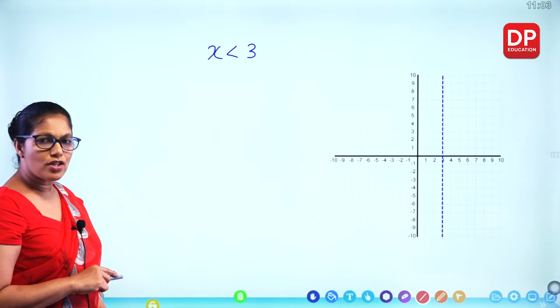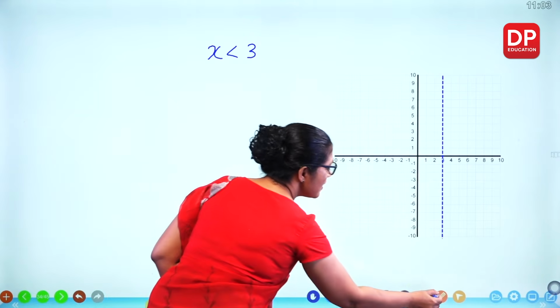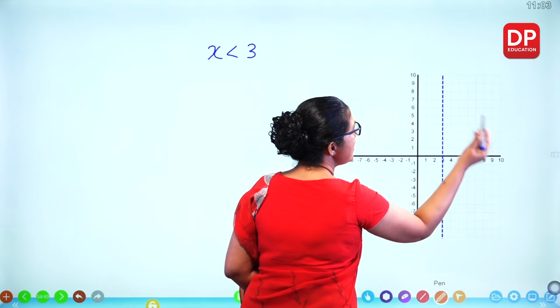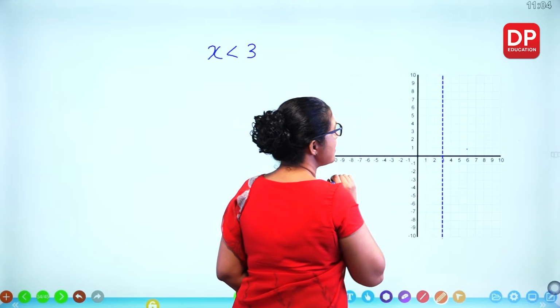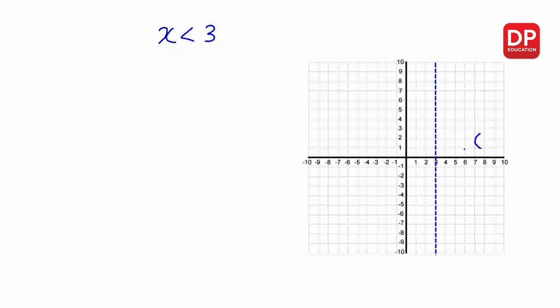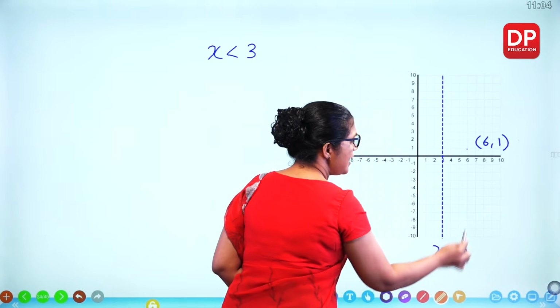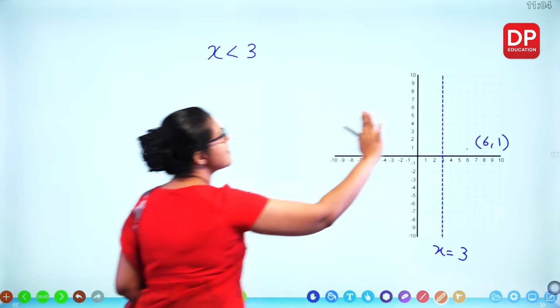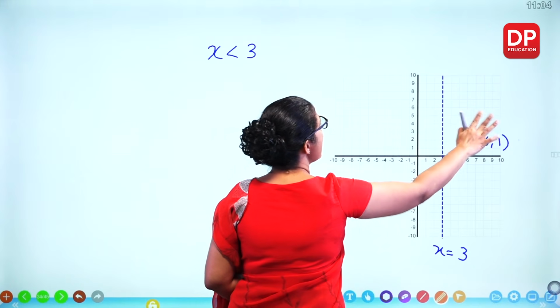Then which region satisfies? You can check with a point. I'll take any point here. I'll take this one. What are the coordinates? 6 and 1. When this is x equals 3, when you look at the x coordinate, 6 is greater than 3. So that means this side is the greater than side.